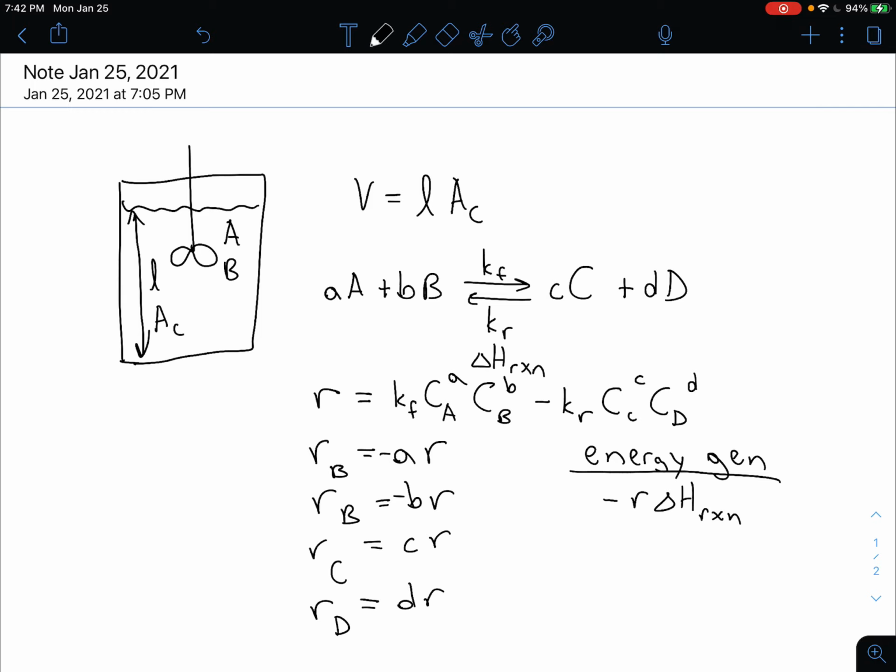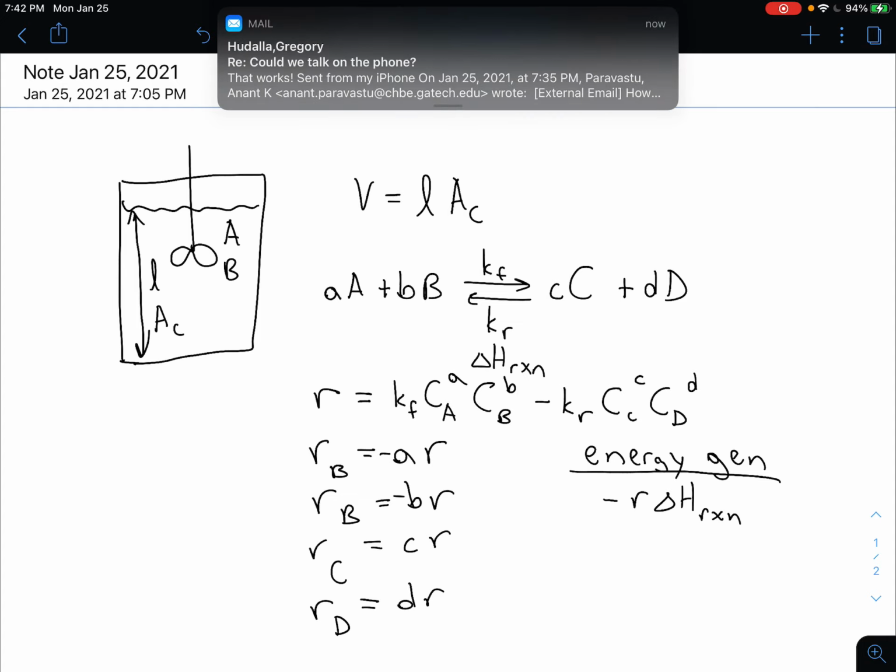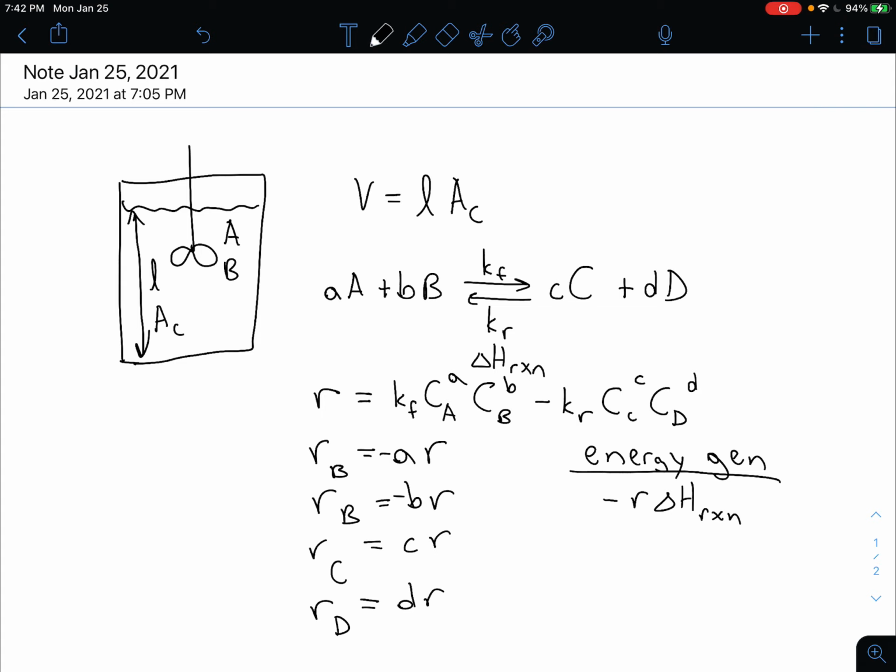If we happen to have streams going in, as drawn, I've drawn a batch reactor. A continuously stirred tank reactor means that you have a feed going in. I'm just going to call this F in, F out.